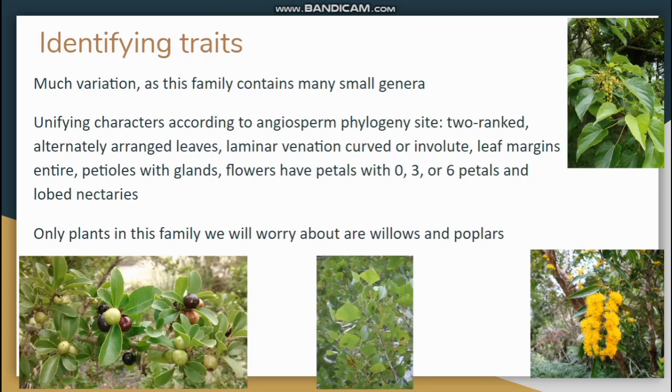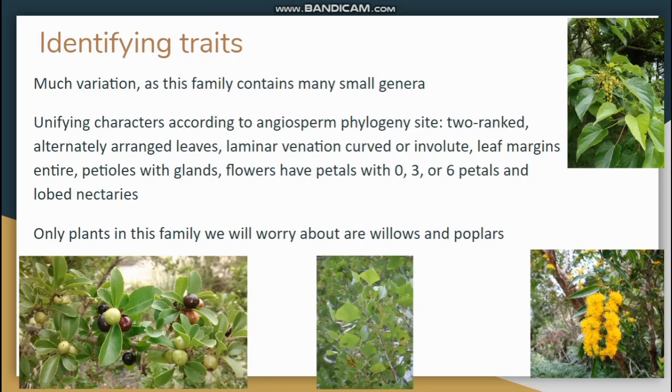So rather than being all on one face of the three-dimensional stem, they are on multiple faces, and this is merely an adaptation to allow for the most efficient photosynthesis, because if leaves were directly above one another, the plants would shade their younger leaves or older leaves with the younger leaves, or the leaves that are higher up, and that would make photosynthesis more of a challenge.